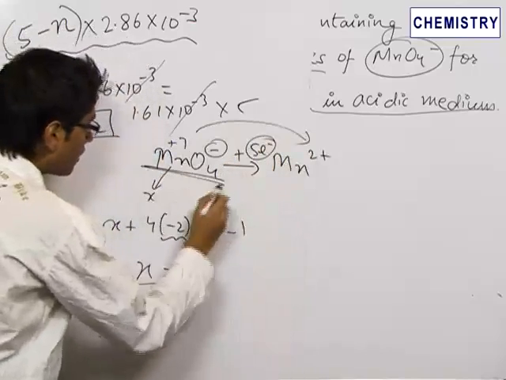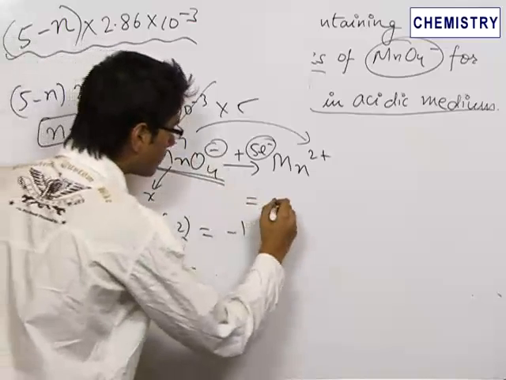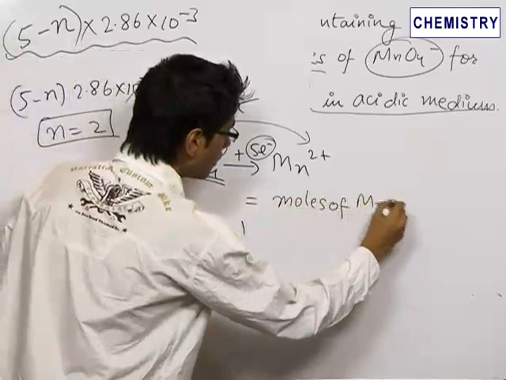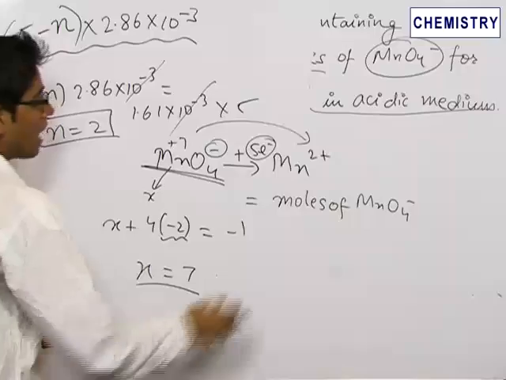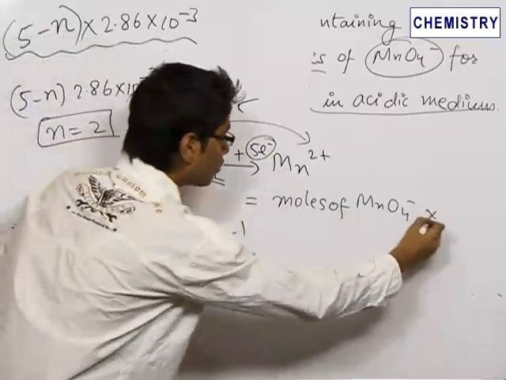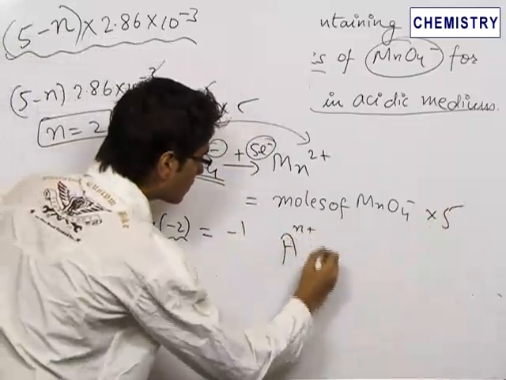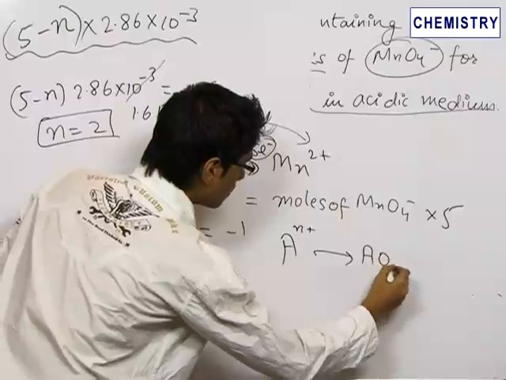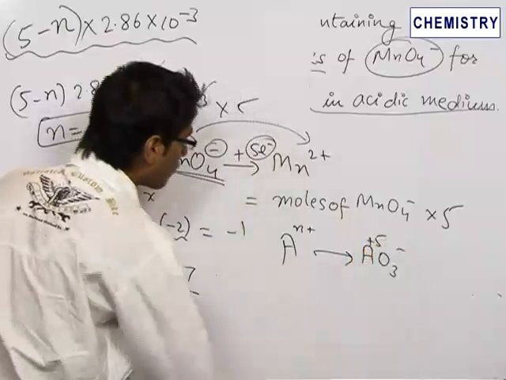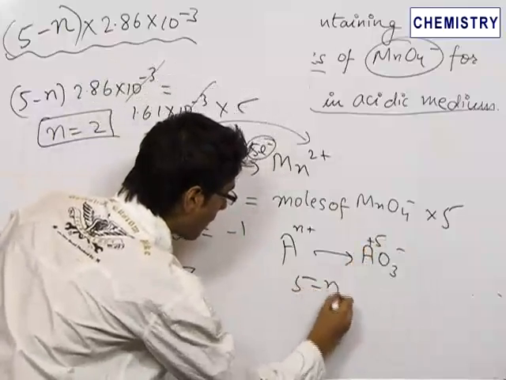So the number of equivalents of MnO4 negative was equal to the number of moles of MnO4 negative into the n factor, and n factor is defined as the number of electrons getting transferred during the reaction, which is equal to 5. Similarly, A^n+ was getting oxidized to A plus 5. So the number of electrons getting transferred were equal to 5 minus n.